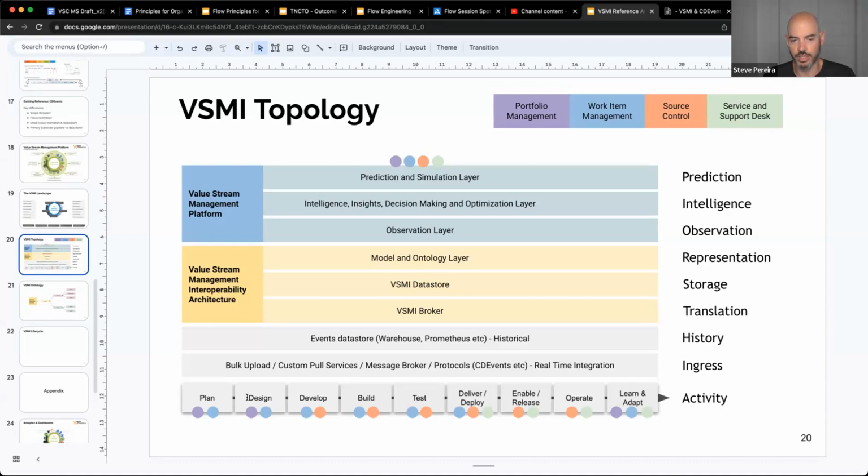But in terms of real-time, historical, and then simulation and prediction: prediction and simulation are very valuable.